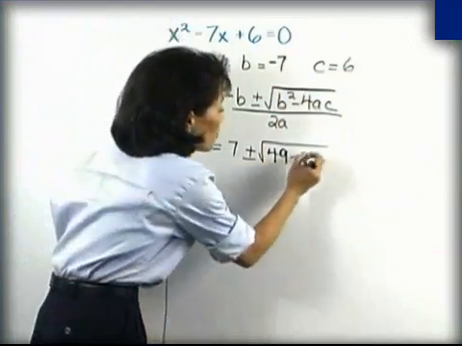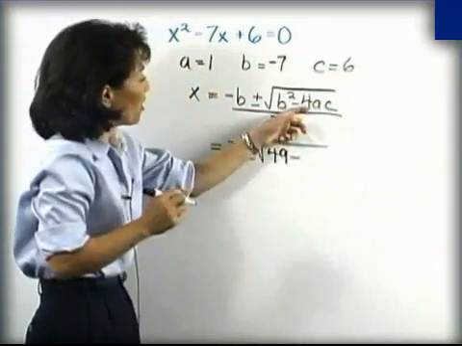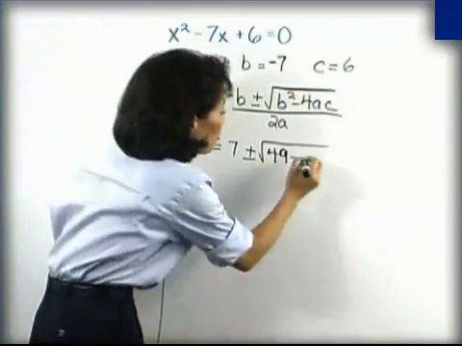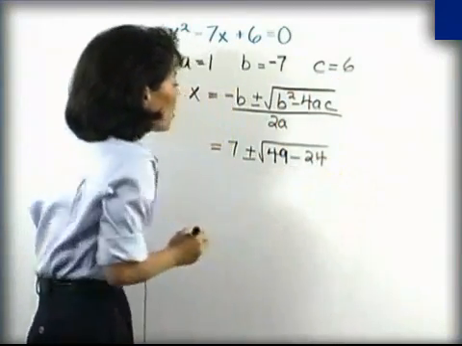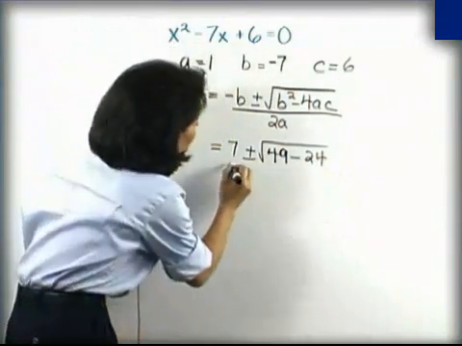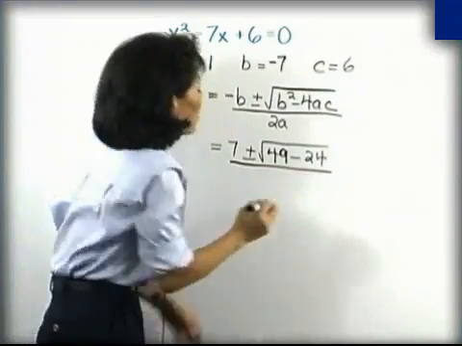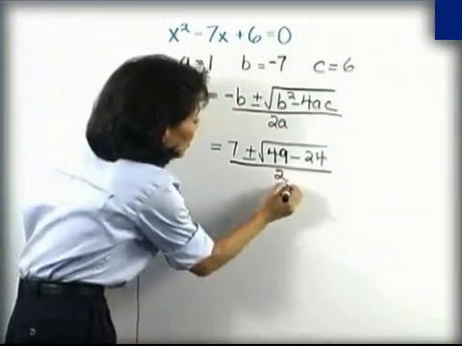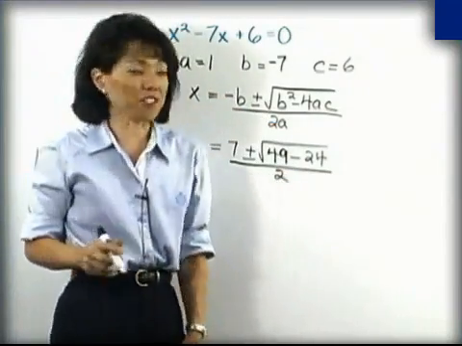So 4 times 1 is 4, times 6, which is 24. Once we have that calculation, we have to just write this over 2a. And since a is 1, 2 times 1 is simply 2.